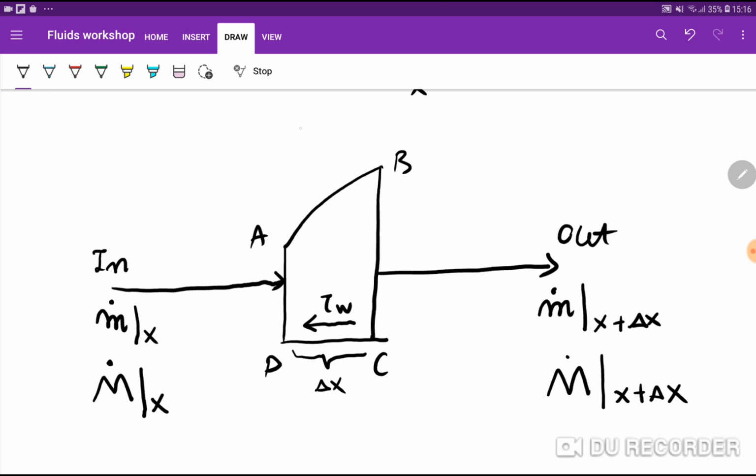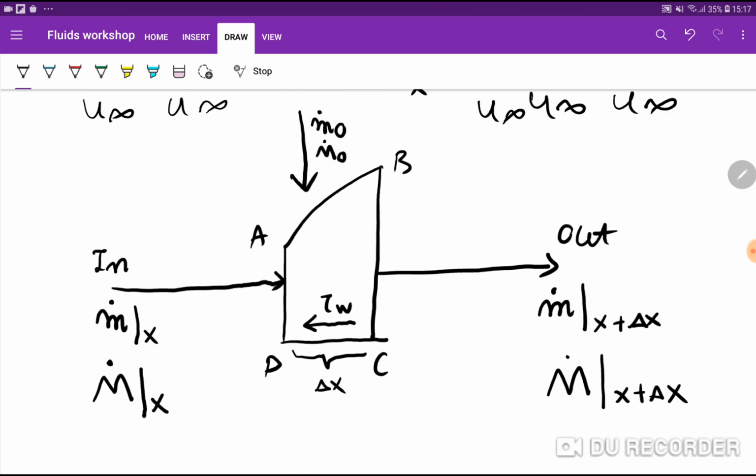We also have a mass and momentum flow from above, that is m dot 0 and big M dot 0. This is the free stream, the U infinity region.